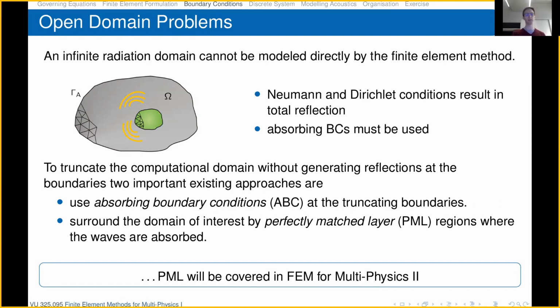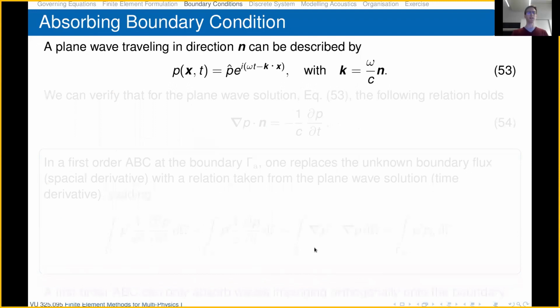And there's also a little bit better solution, which is called the perfectly matched layer, which is basically a region around the domain of interest where the waves are absorbed in a perfectly matched manner, meaning it doesn't matter where the waves come from and they will be absorbed as well as possible. The perfectly matched layer will be covered in the next course. Let's look into the absorbing boundary conditions first.